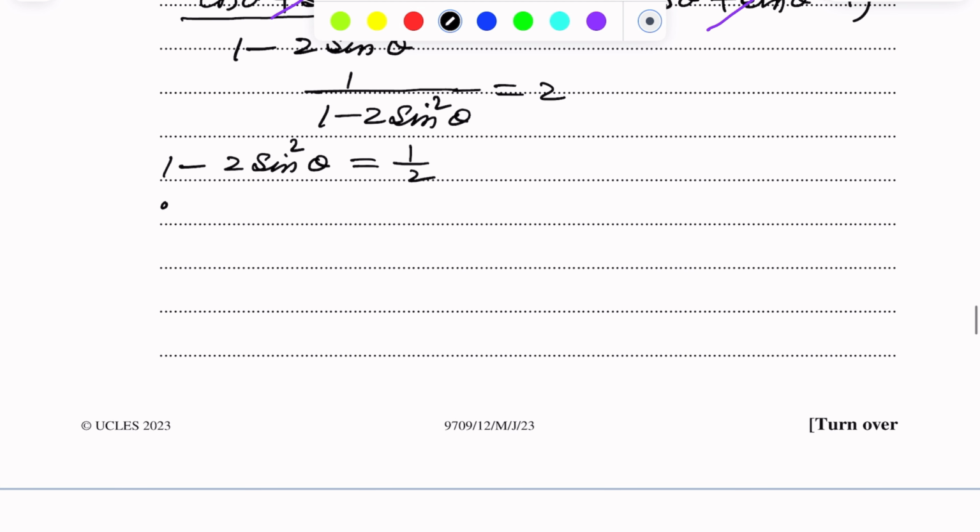Rearranging, we get 2 sin square theta is equal to 1 over 2. From here, sin square theta is equal to 1 over 4.